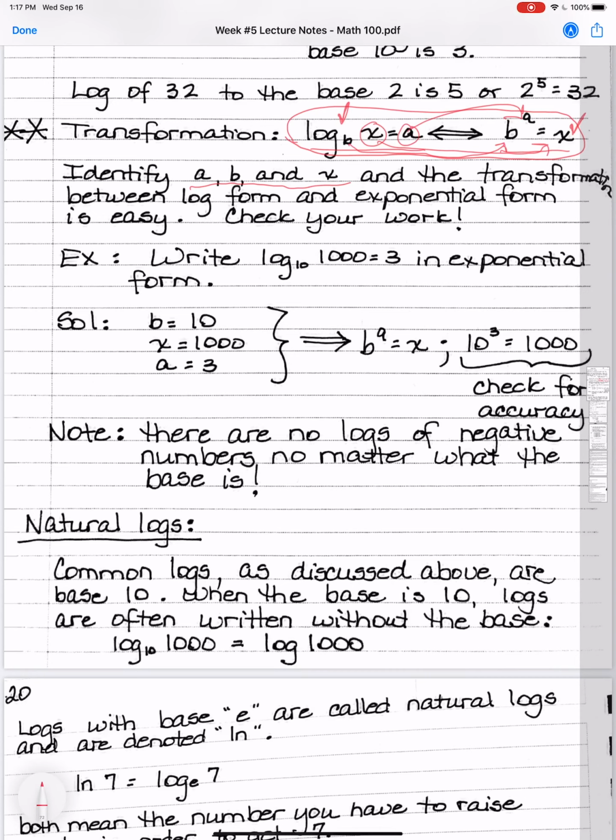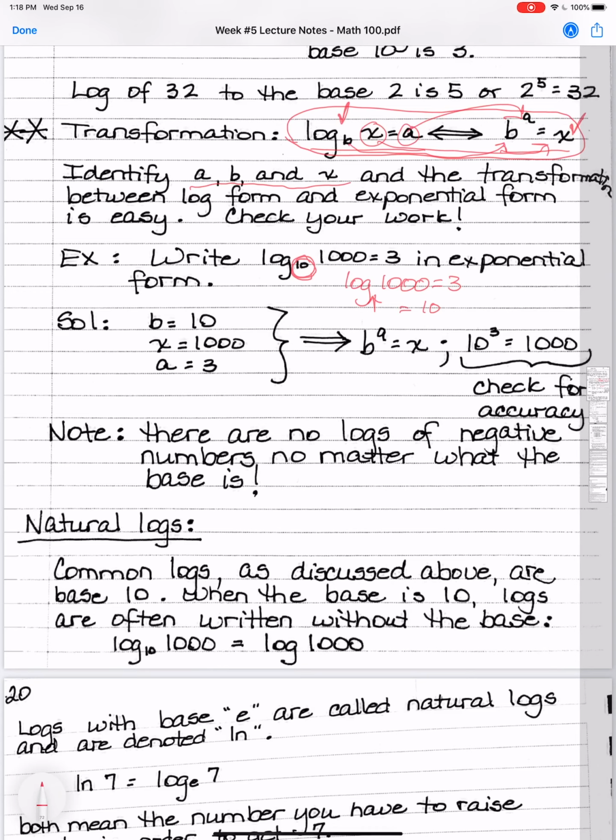Let me just note that oftentimes when your log is base 10, you can actually just leave it out. So if you see this problem written as log of 1,000 equals 3, and there is no base indicated, it is always 10. It's kind of like having a power of 1. Sometimes you'll see it, sometimes you won't.